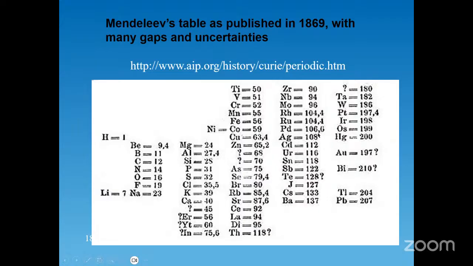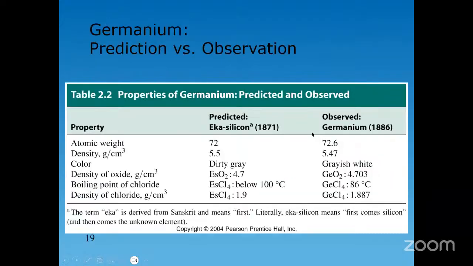So just to give an example of what was discovered to be the properties of a particular element that was previously not discovered, right? On the middle column right here, you have the predicted properties of a particular element, which we now call germanium. Back then, they called it Eka silicon, right?